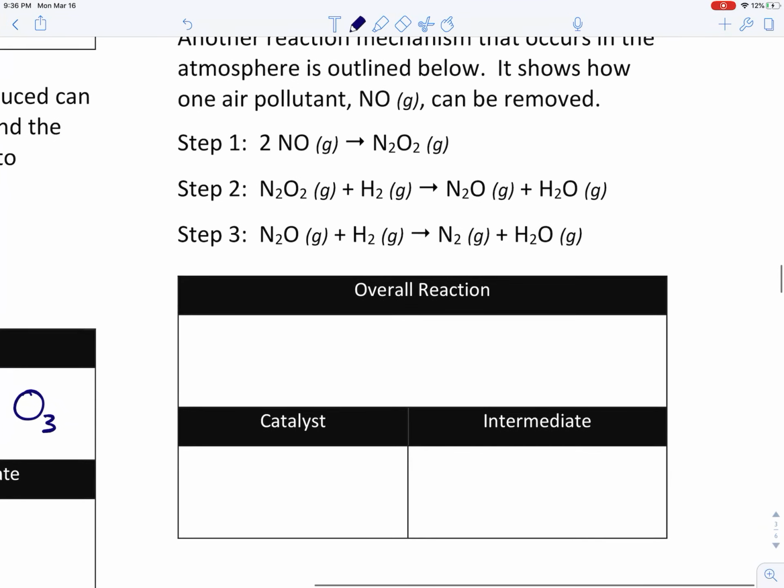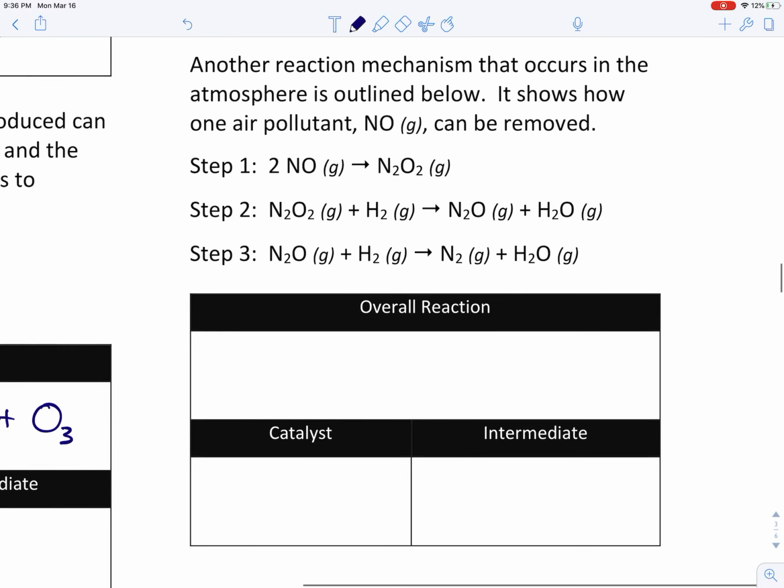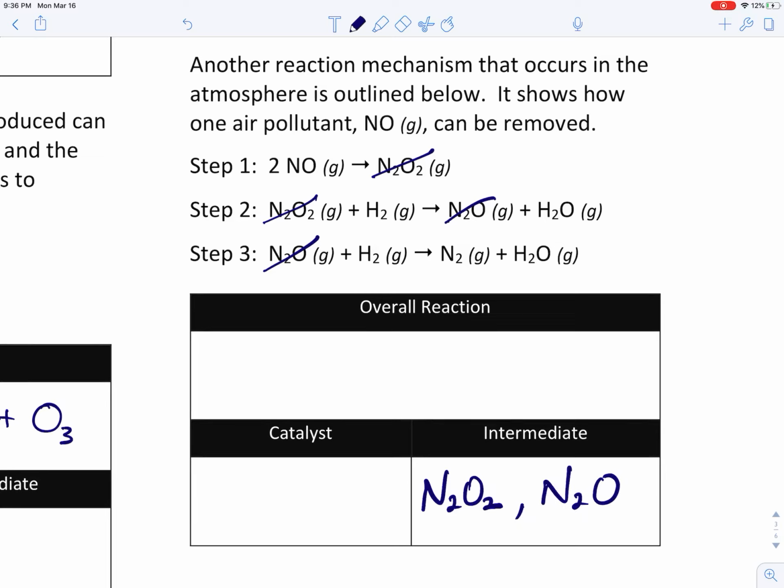And one last example, a three-step reaction mechanism. In this case, the N2O2 produced in step 1 is used up in step 2, so that qualifies as an intermediate. And also the N2O produced in step 2 is used up in step 3, so the N2O is another intermediate. There were two intermediates here.